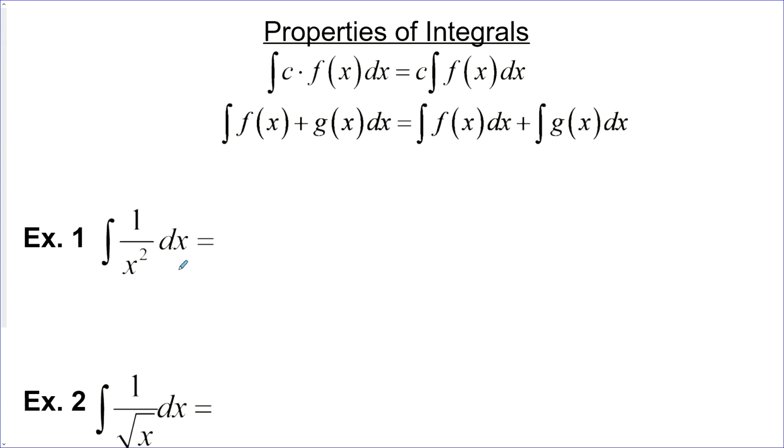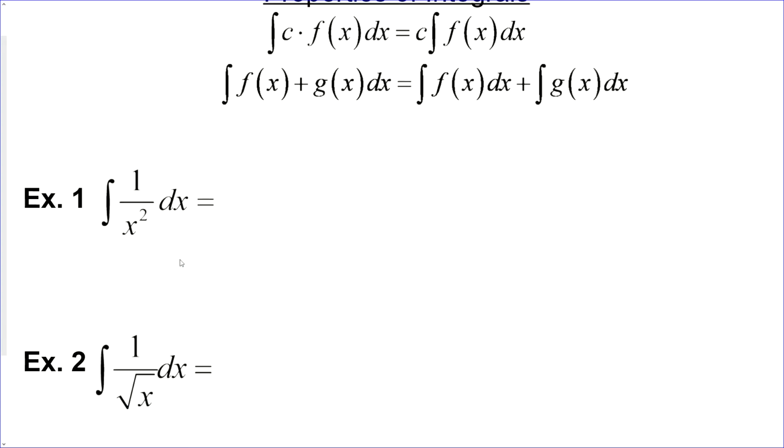Let's look at these examples here. We've got the antiderivative of 1 over x squared, so that would be negative 1 over x. And we're doing an indefinite integral here, so we put a plus c here. And this is just the most general antiderivative. Let's try this one here.